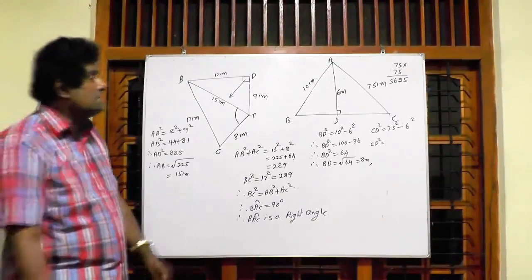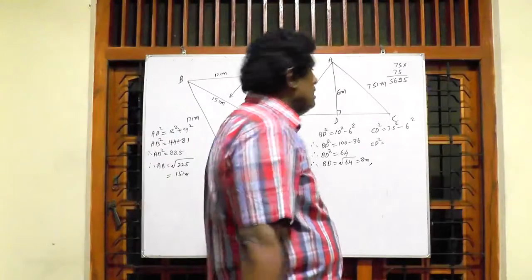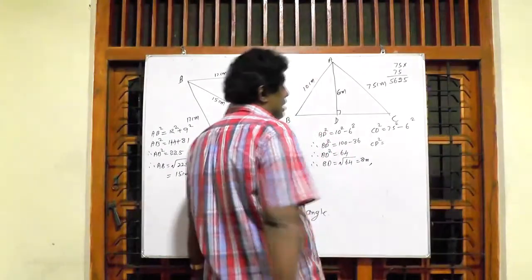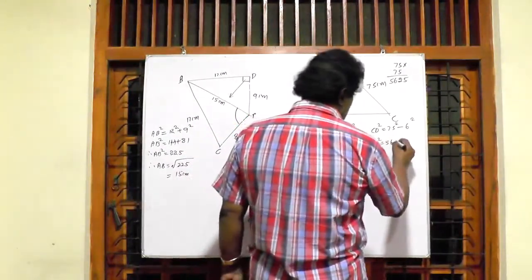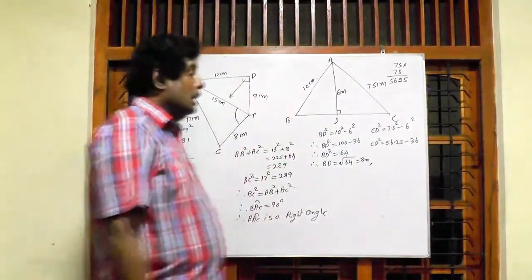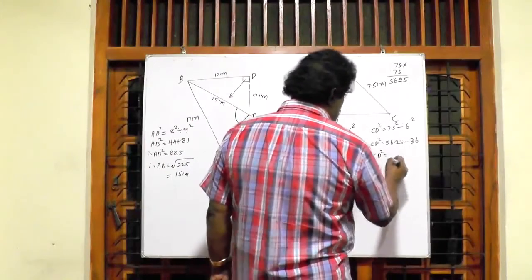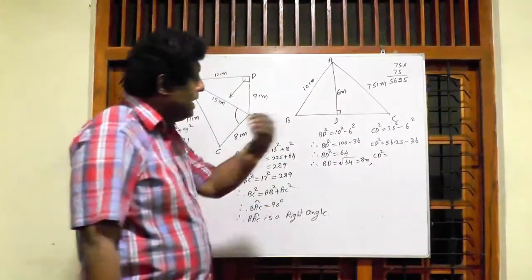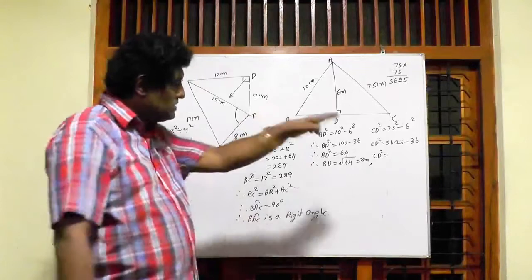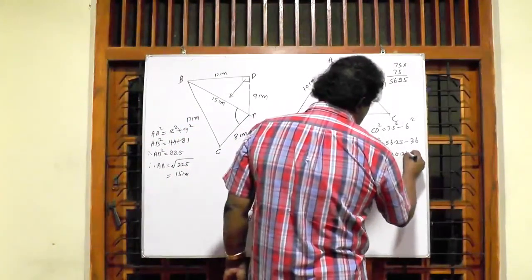In this case, we need 7.5 squared. The value of 7.5 squared is 56.25, minus 36. Okay. Then CD squared, you can subtract the value of 36 from 56.25. After that, there will be 20.25. Okay.